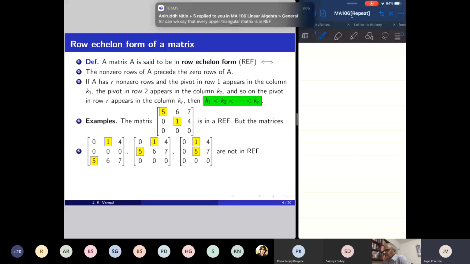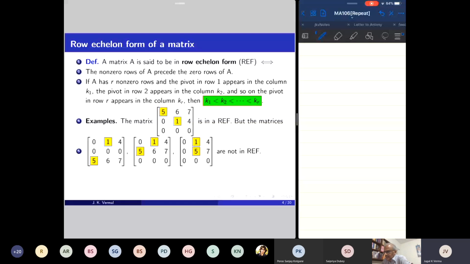So, is every upper triangular matrix in row echelon form? No, it's not true. Look at the third matrix here. This is upper triangular, but it is not in row echelon form. The condition for row echelon form is that the pivot should slide to the right.